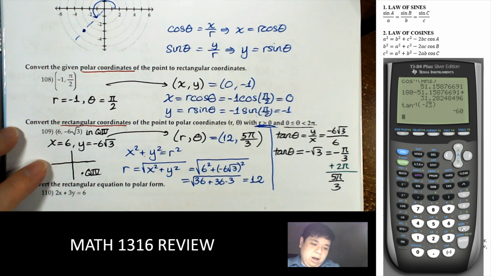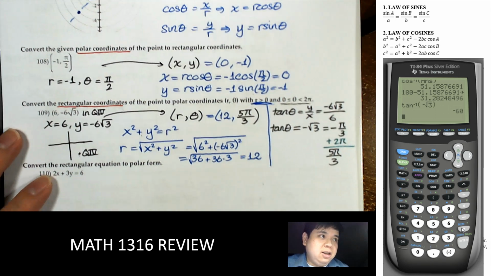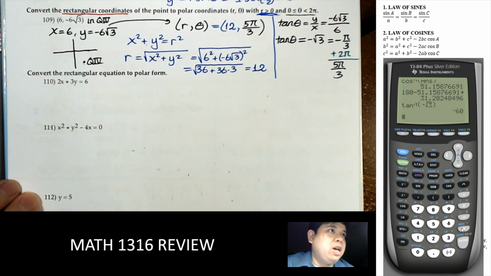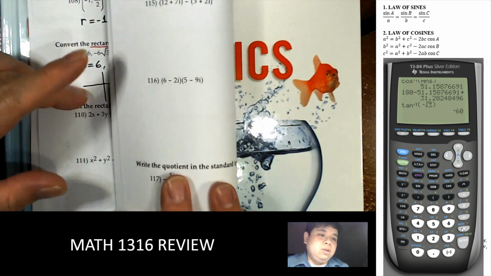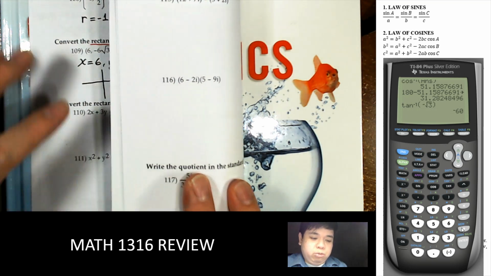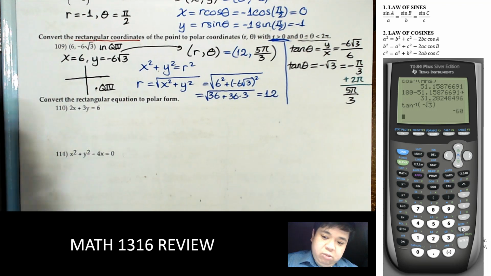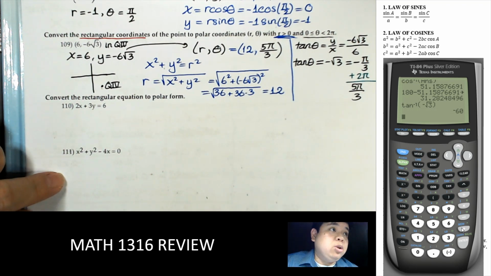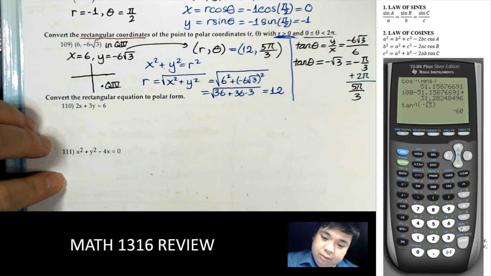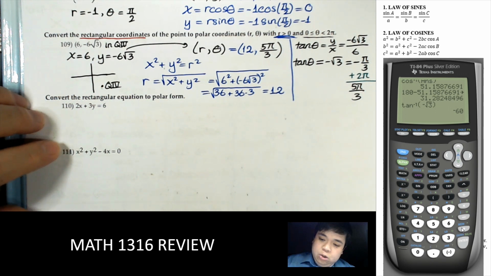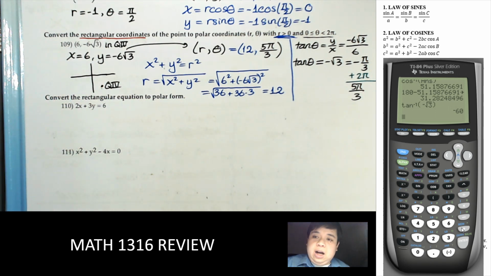Right. Next we have this. Convert the rectangular equation to polar form, and then next we do the reverse. So the first one's too easy. Let you do that. So x squared plus y squared. Remember, we still have the same set of formulas.